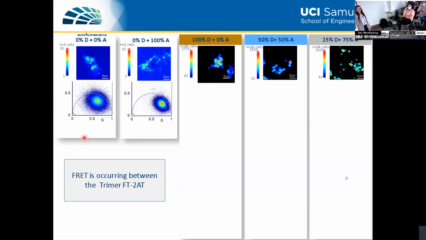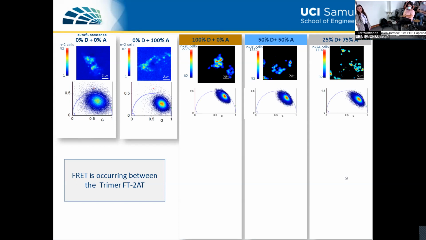Here you see these images, but in a different scale, so we cut this low fluorescence. Here we have the phasor plots corresponding to each of the conditions, and maybe from far it is difficult to see, but the phasor cloud started to shift a little bit towards shorter lifetimes.